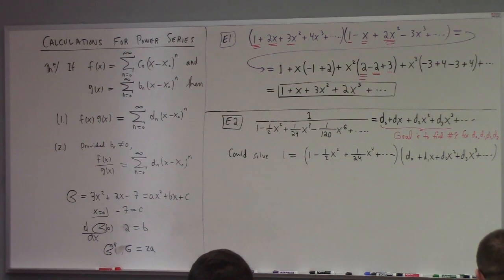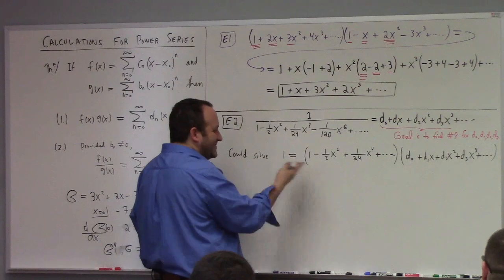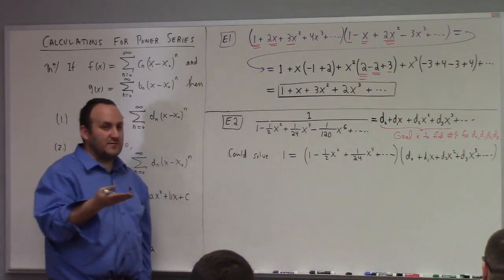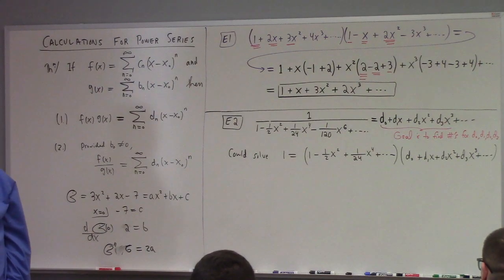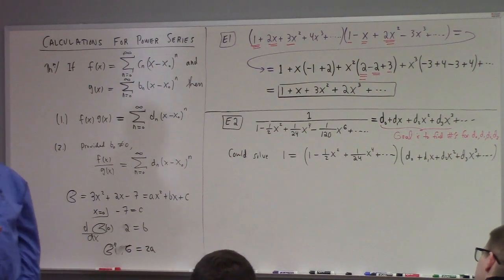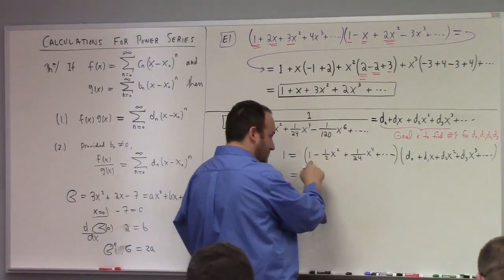The same is true for power series. Two power series are only going to be equal if they match term by term. That's very useful here because on the left-hand side, the coefficients are all 0 except for the constant term. On the right-hand side, we can multiply them out. Multiplying this out gives us what?